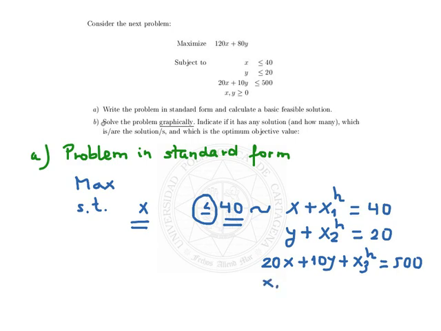Now the variables x, y, x1h, x2h, x3h must be greater or equal than 0.